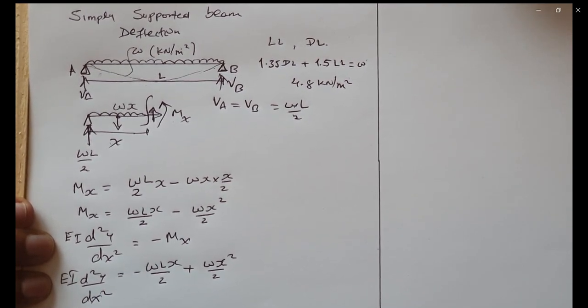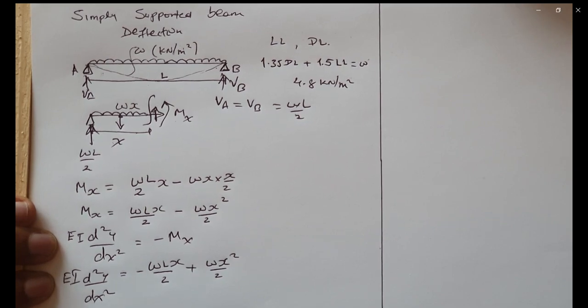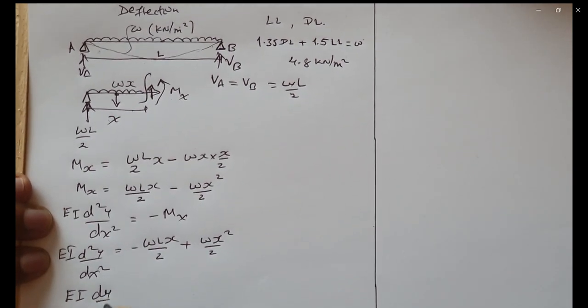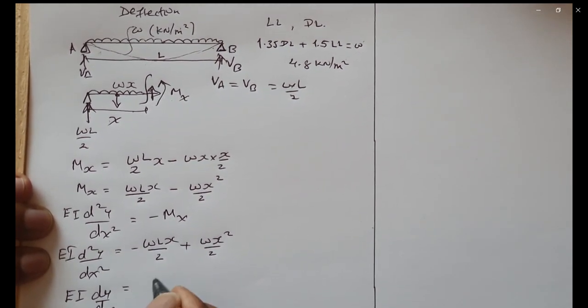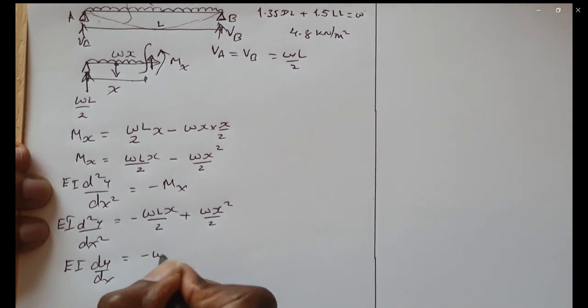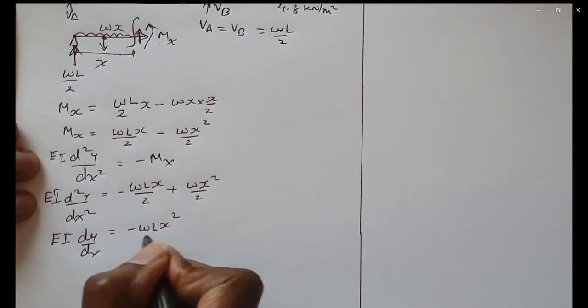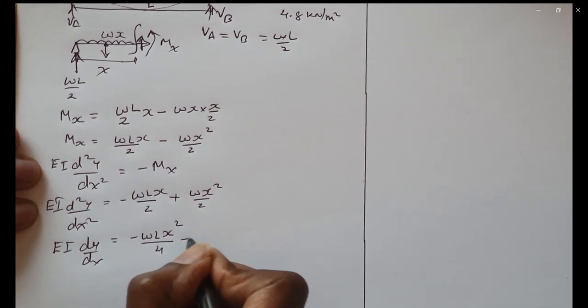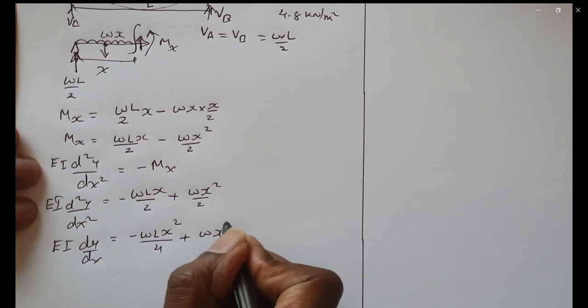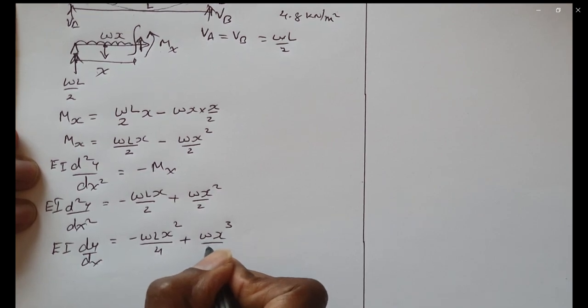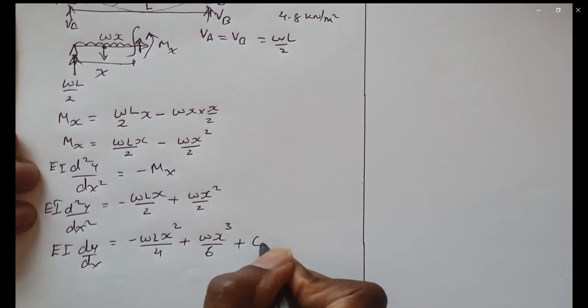If we integrate this once, we have dy over dx, which is equal to minus WLX squared over 4 plus WX cubed over 6 plus C1.